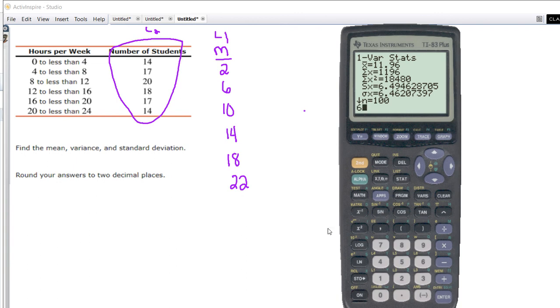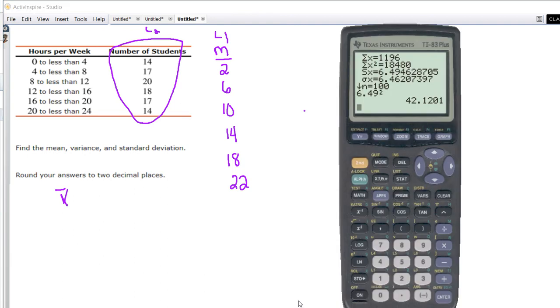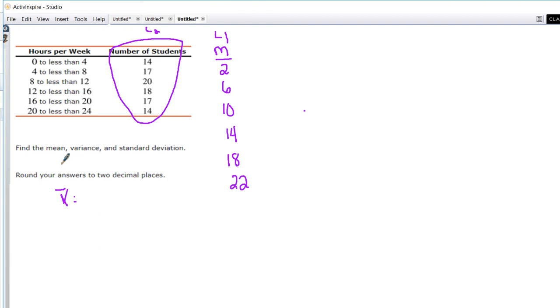So we're going to do the 6.49, and then we are going to square it. And that's going to give us 42.12. So in this case, we have a mean of, can't remember it, I think it was 11.25 maybe.